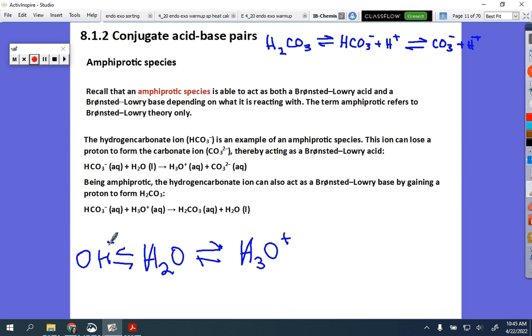Okay, so hydrogen carbonate can go both ways as well. It can lose a proton to become the carbonate ion. It can gain a proton to become carbonic acid. And again, these things are always in equilibrium with each other.